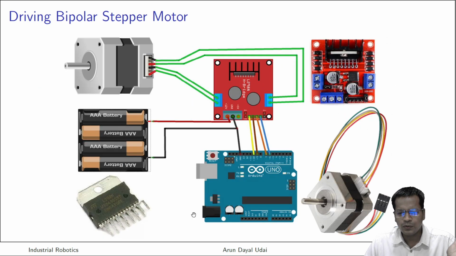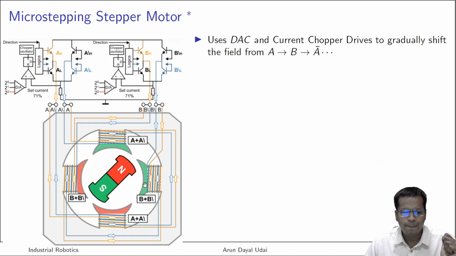Now talking about micro stepping. What it does, as I have told, this also is a 2 H bridge driver, but this time you will gradually shift your pole from this to this, from this to this. Got it? So you will gradually shift your pole from here to here so that your armature moves gradually.